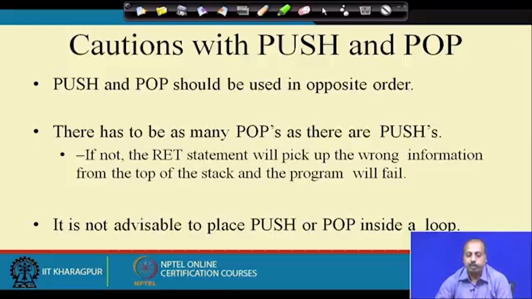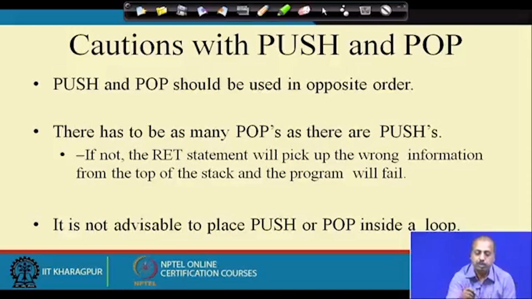It should be pop D first and then pop B. Otherwise, the values that you get are not correct. Maybe at the beginning I have pushed in the order B and D, while popping, if I pop out B first and not D, then I will get the wrong value.